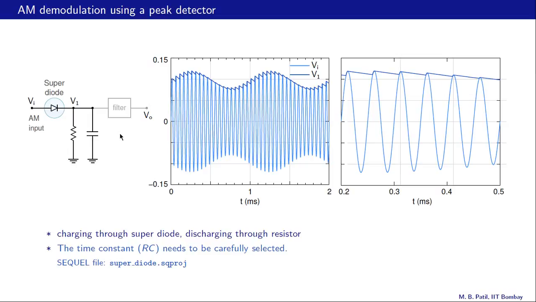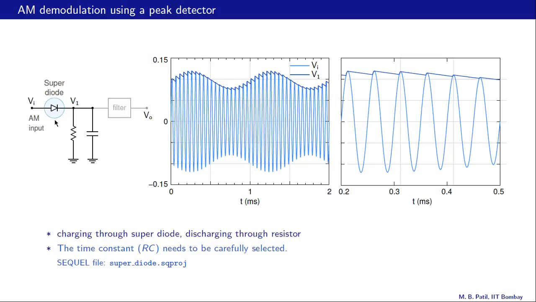Here is a circuit using the super diode, which can be used for demodulation of AM signals. It's essentially a peak detector, and we have looked at this circuit earlier when we were talking about diodes. The only difference is that it has a super diode here with Von equal to 0 volts.